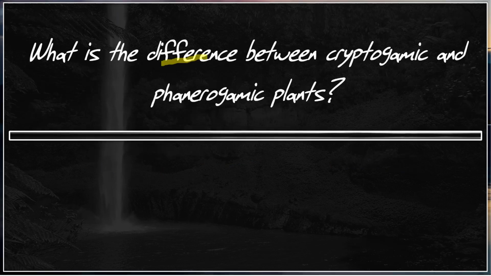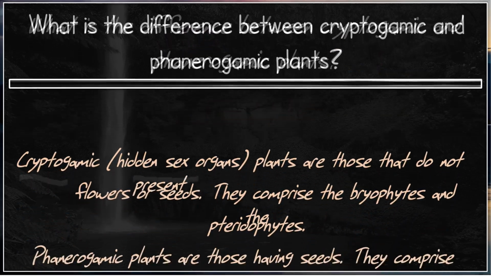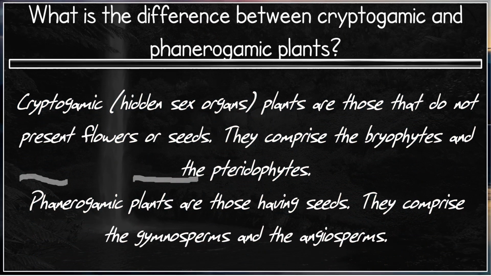What is the difference between cryptogamic and phanerogamic plants? Cryptogamic, or hidden sex organs, plants are those that do not present flowers or seeds.